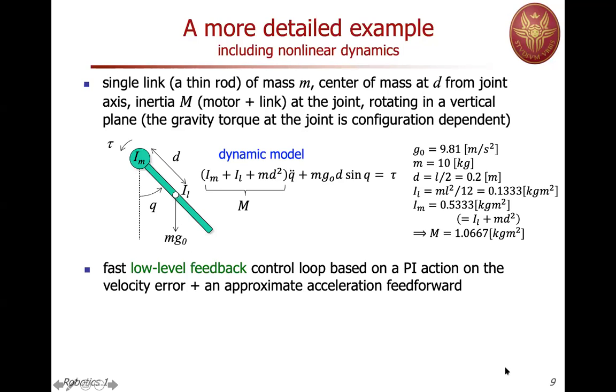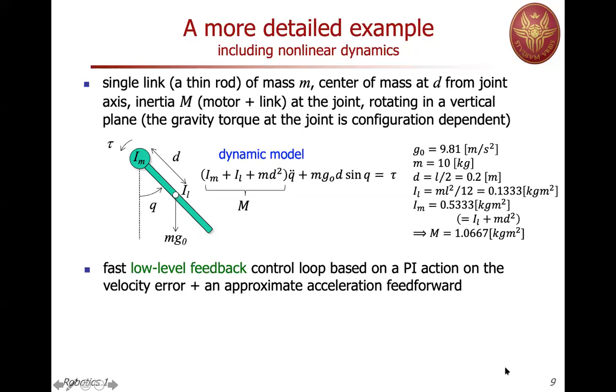Now we assume, let's see how ideal can be a low-level feedback loop. Now I have to design a feedback control loop, and I made a choice. We don't have time to discuss this choice, but it's a proportional integral action, so a PI controller on the velocity error, proportional to the velocity error and to the integral of the velocity error, which is nothing else than the position error. And then I have also a feed forward, since I'm working at the velocity level.